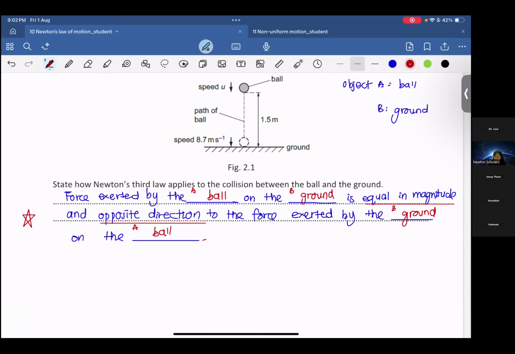You just change object A and object B, that's all. If okay, then let me know.